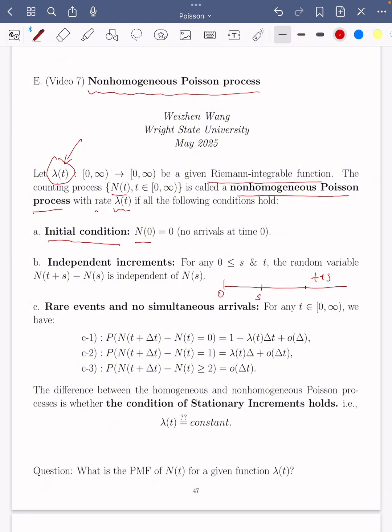The number of arrivals in the time interval from 0 to s, which is N_s, and the number of arrivals in the interval starting from s and ending at t plus s, would be independent.